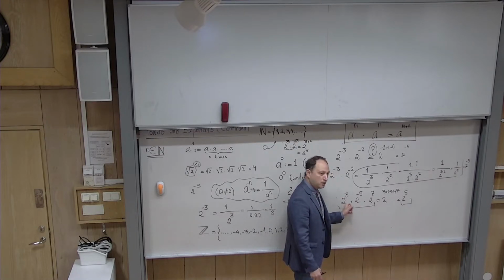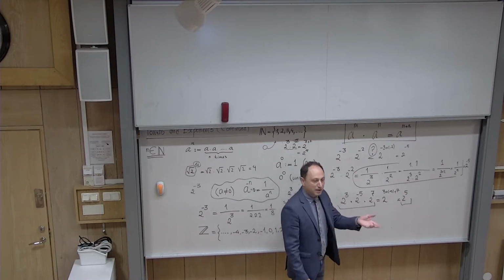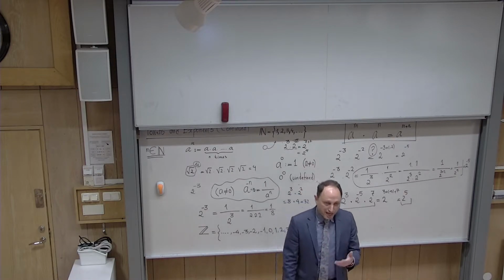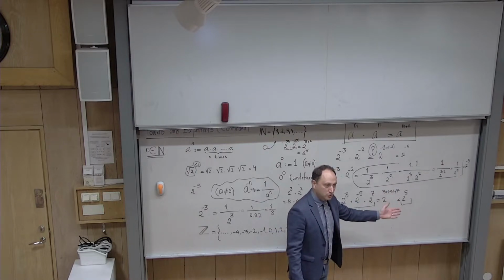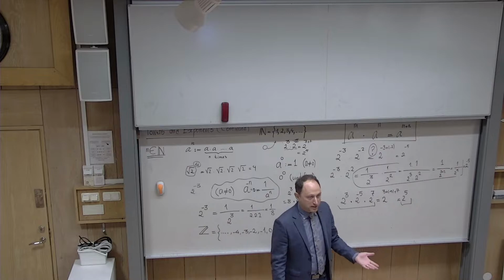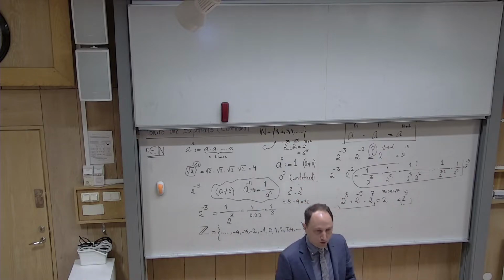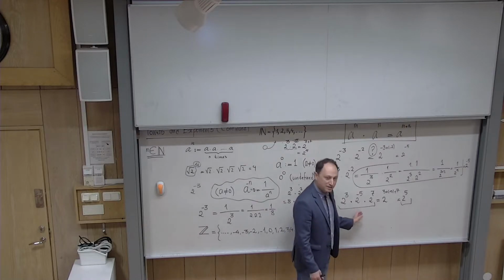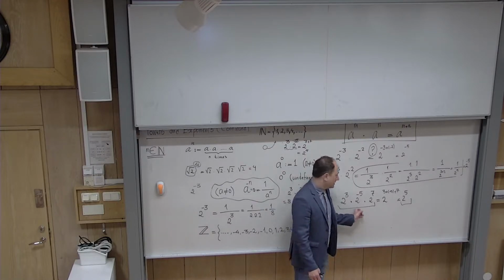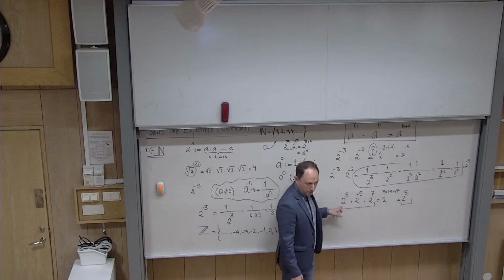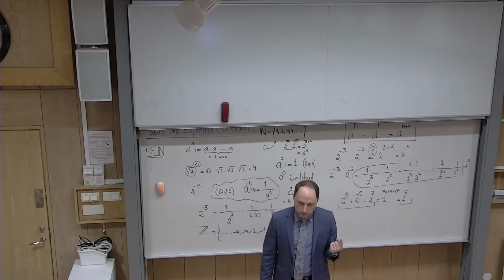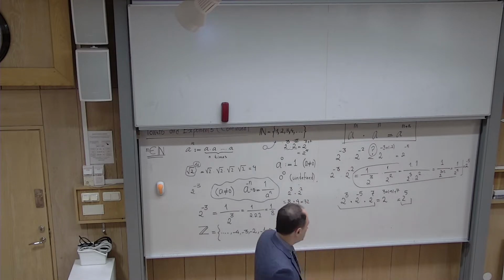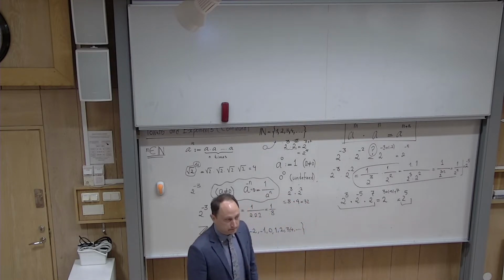Write the following items as one single power. If you answer 32, even though 32 is the correct answer, I will not accept it from you because you are not following what is wanted in the problem. The problem doesn't ask you about the value of this expression. It is asking you to write this expression, which is a combination of 3 powers, as one single power. Okay? So that is the idea. Any questions? Okay.